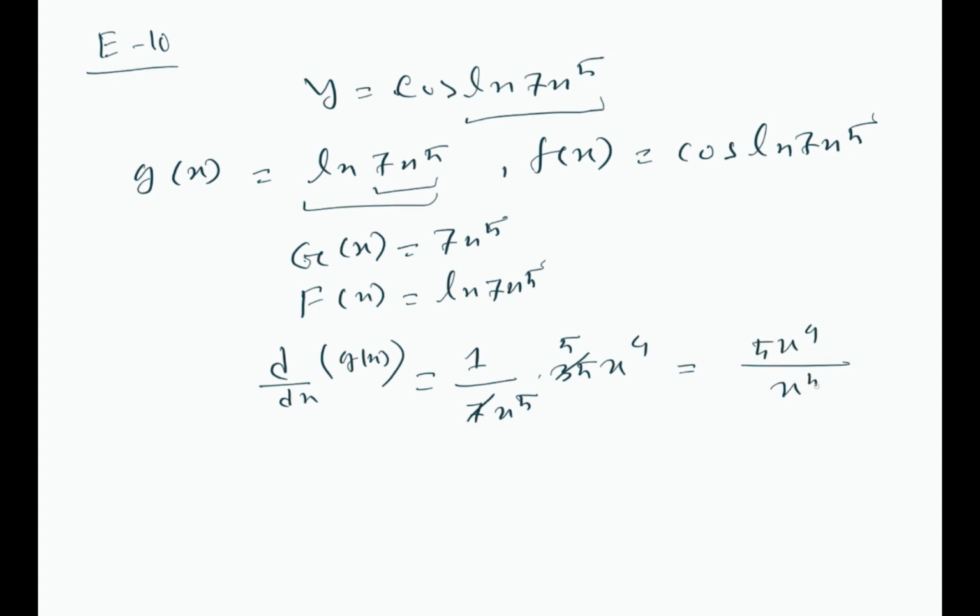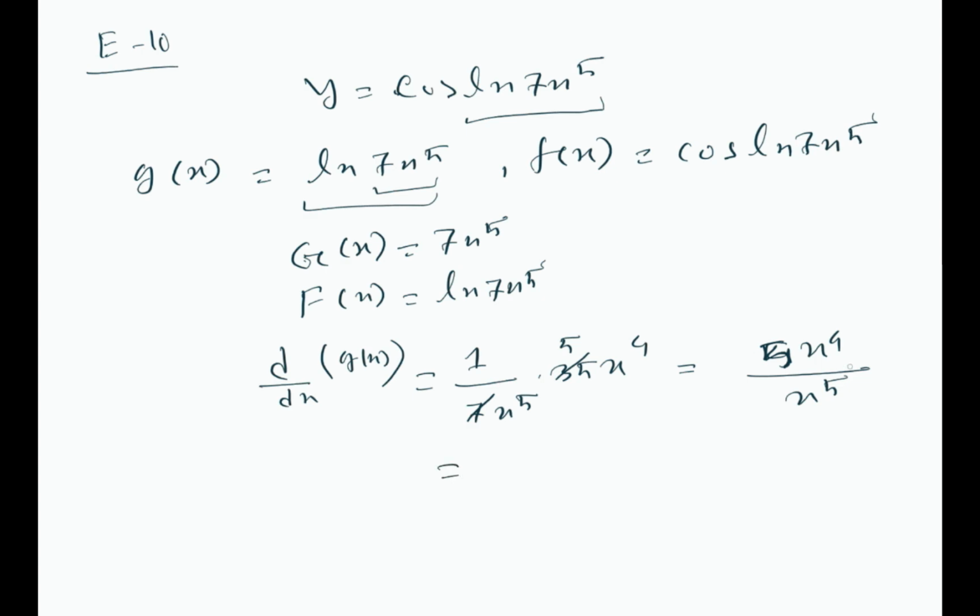Then x to the power 5. So in our numerator and denominator we have x to the power 4. This is a common multiple, right? So we can simplify 5x to the power 4 divided by x to the power 5.